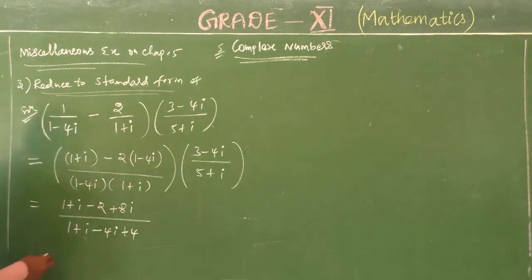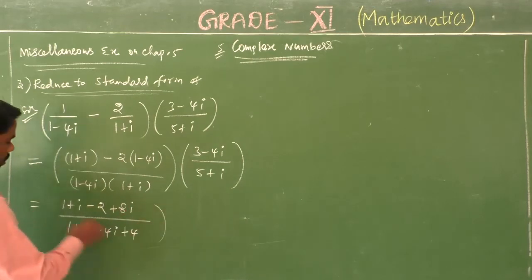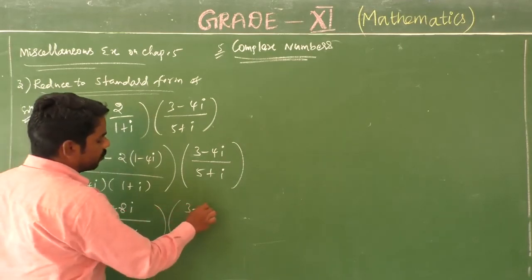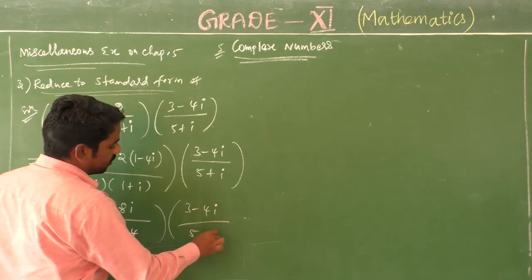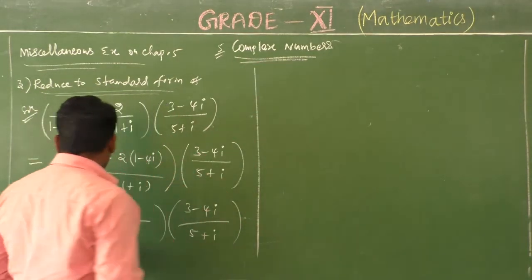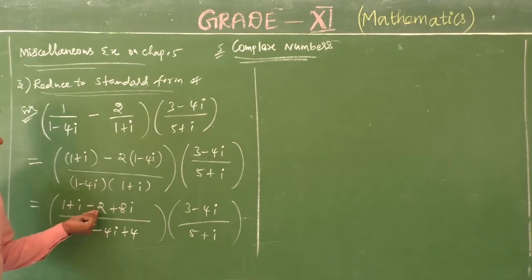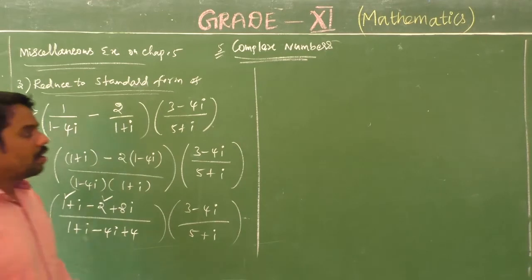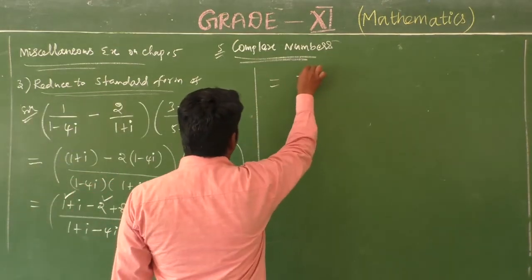Into (3 minus 4i) divided by (5 plus i). Next, it is equal to 1 plus i minus 2 plus 8i. Here the real part is 1 minus 2, which is minus 1.